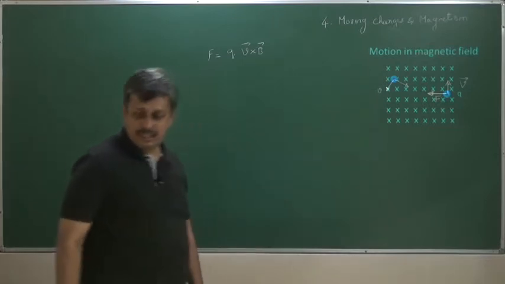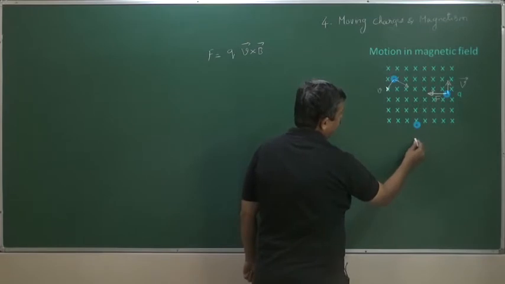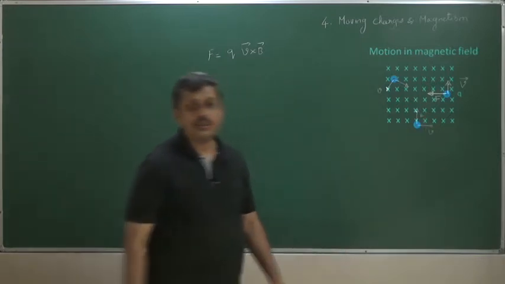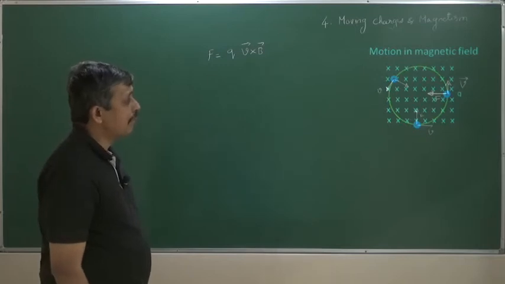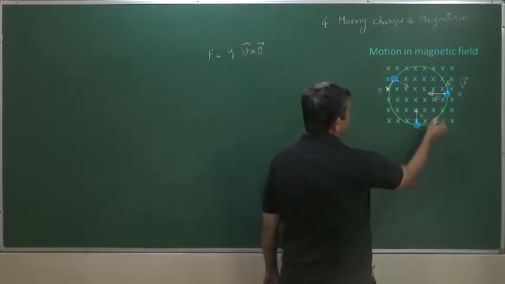At every point that it travels, let us say v is again in this direction, this is v, and F will be in this direction. So, you can very clearly see it is tracing a circular path like this. All that time it is going around a circular path.